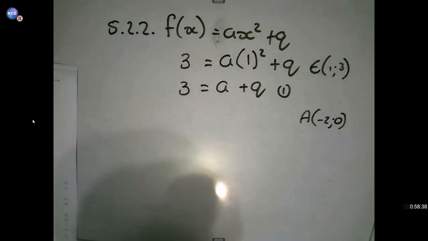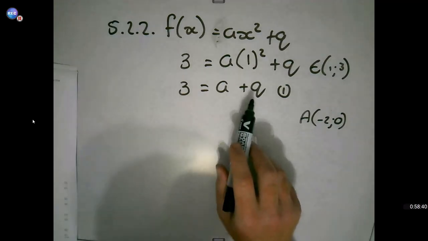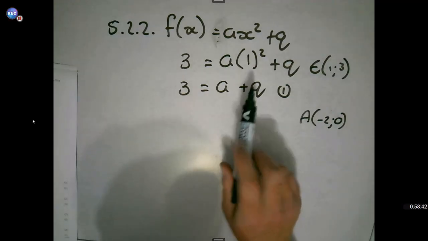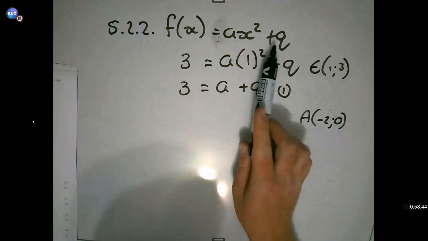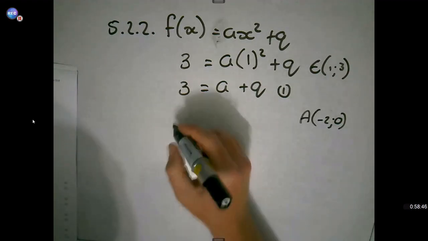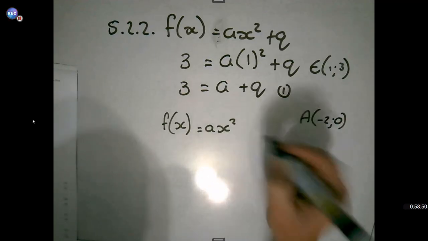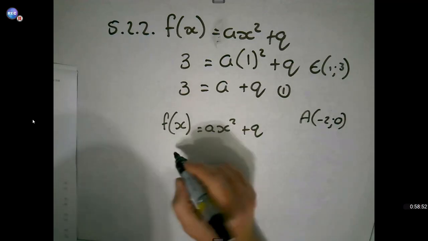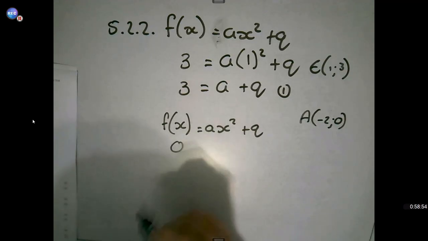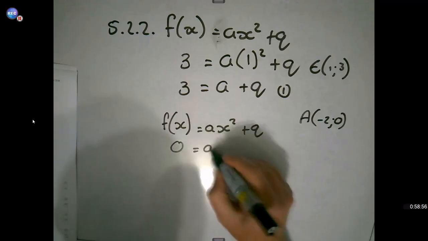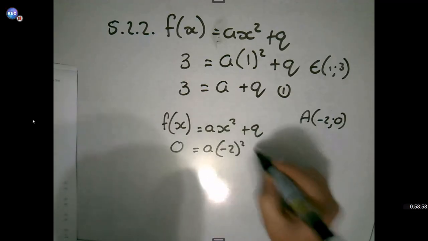And what we're going to do now is take the equation that we've got here and make a new equation. So f(x) equals a(x) squared plus q. What we then do is we say 0 equals a(-2) squared plus q.